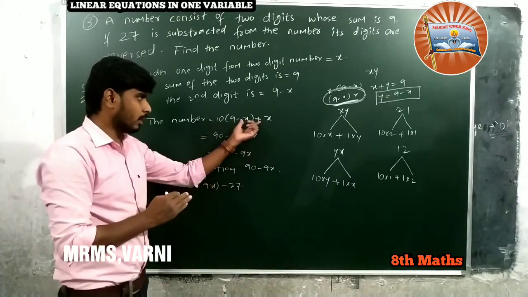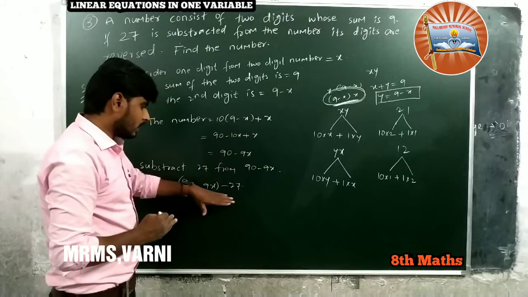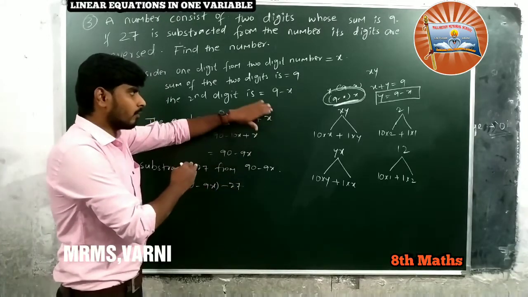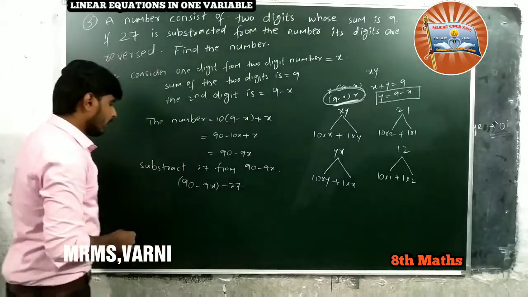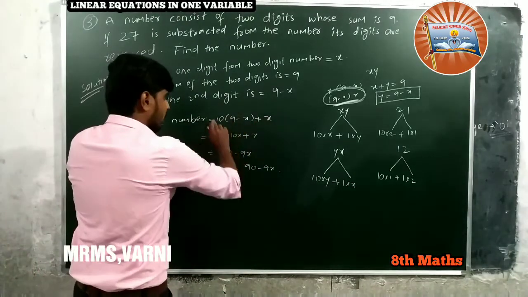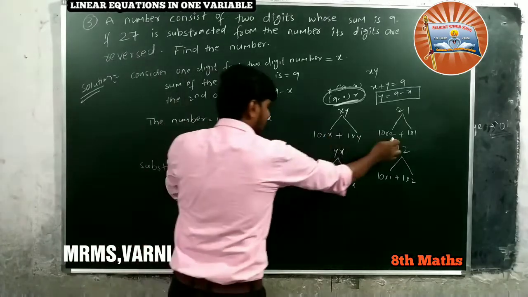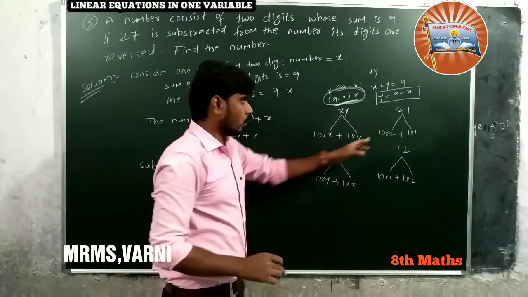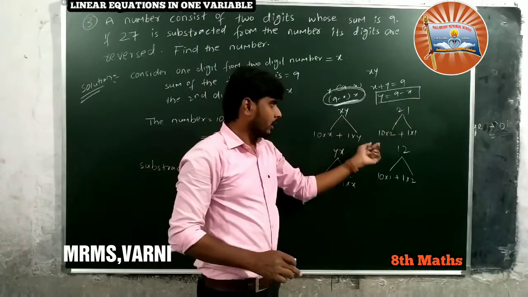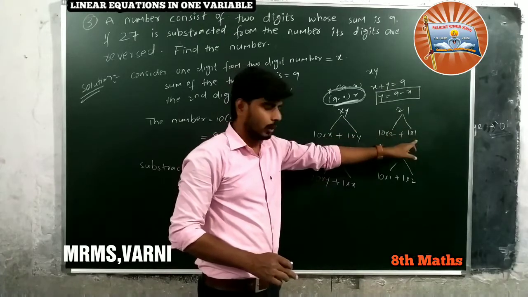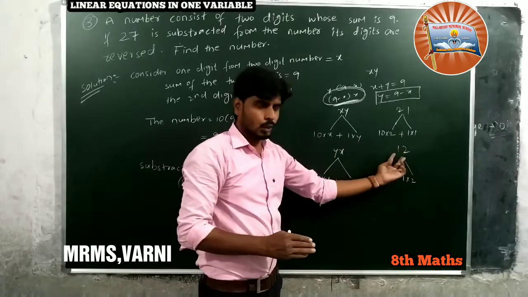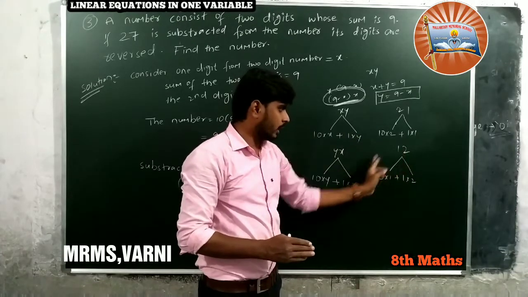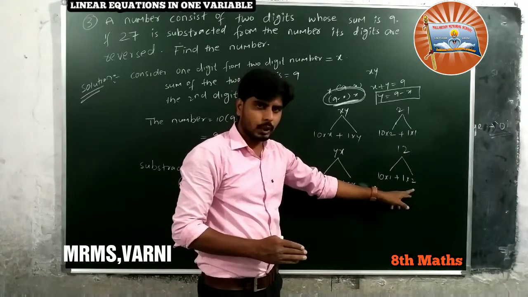So what can we write? Reverse of this number becomes, apply this concept here. 21 is a number, this we can write as 10 into 2 plus 1 into 1. If I reverse the number, it becomes 12, so we can write 10 into 1 plus 1 into 2.